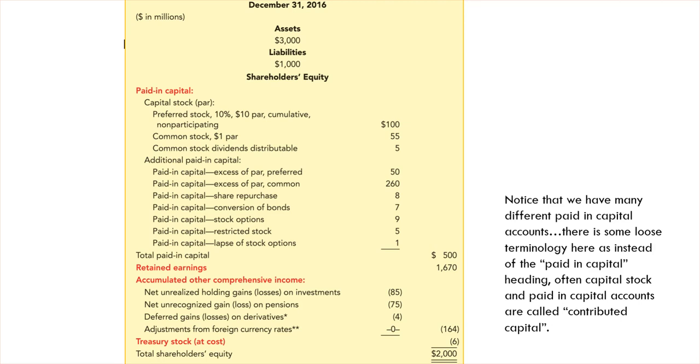When you looked up here above at AOCI, you notice this balance here is also a negative, or it has a debit balance. That means for this particular company, the losses in AOCI are greater than the gains. That's all it means. And AOCI can have gains, it can have losses.